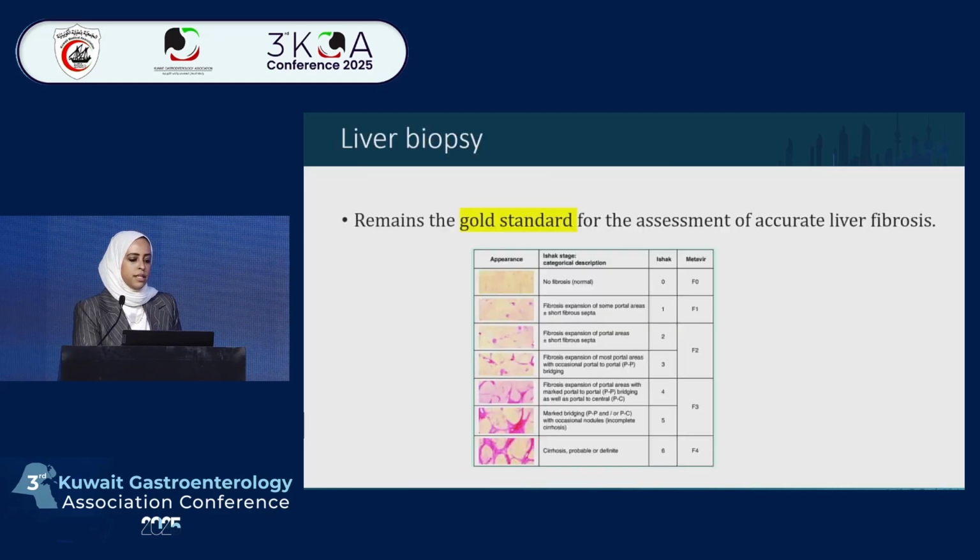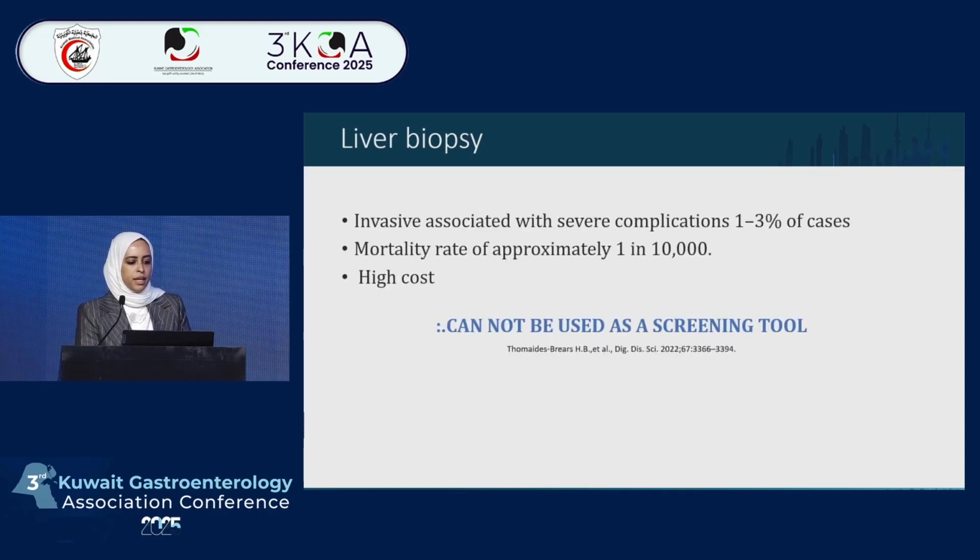So the liver biopsy remains the gold standard for the assessment of accurate liver fibrosis. However, it's invasive, associated with severe complications. There's a mortality rate of approximately 1 in 10,000 cases, and it's expensive. Sometimes we have logistical reasons, like we can't have a bed for admission that we can admit the patient for a liver biopsy.